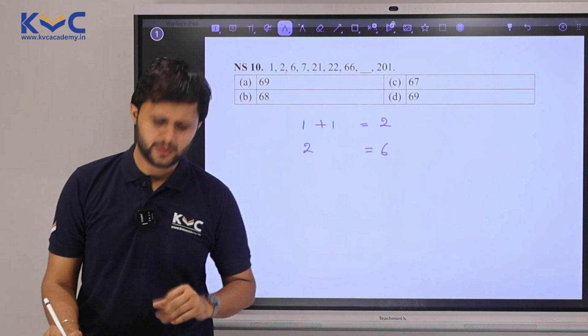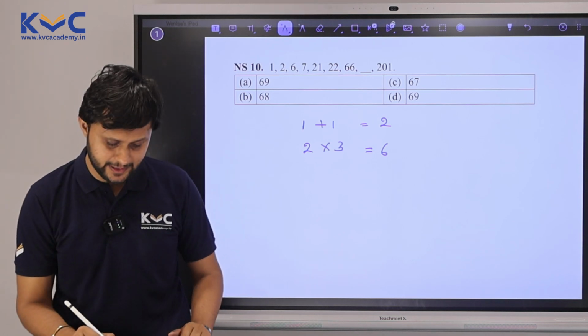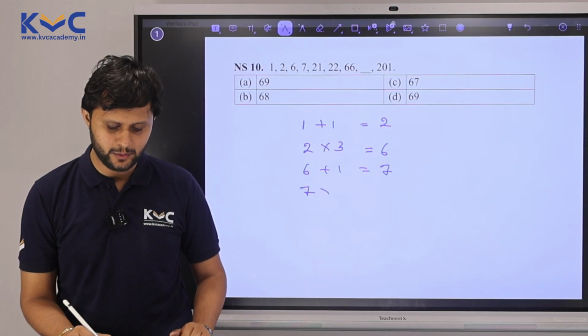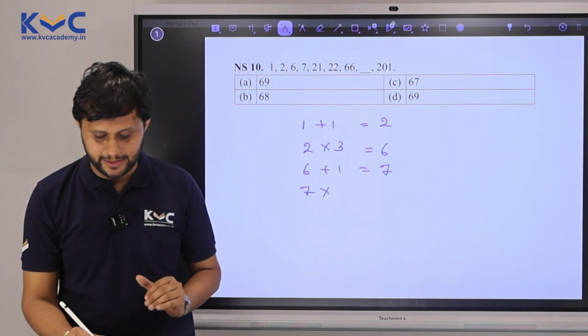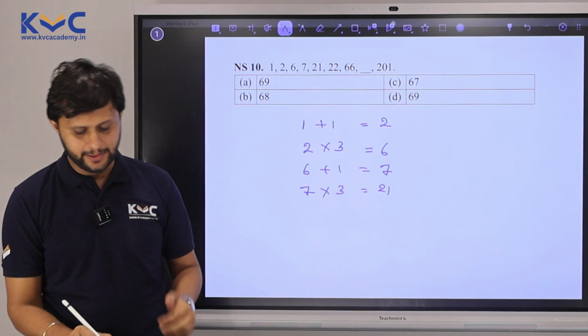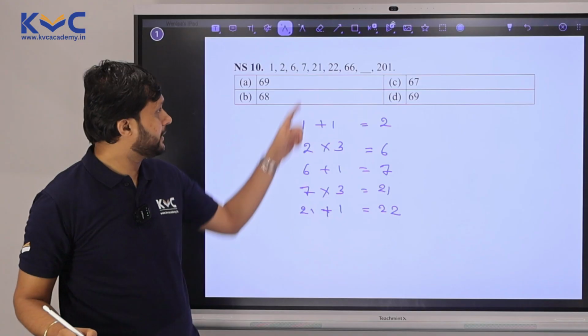Numbers are increasing, so I'll just write 2 into 3, which is equal to 6, and then I have a consecutive number, 6 plus 1 is equal to 7. So I have to take this 7, and now if I have to get the same logic, 7 should again be multiplied with 3. 7 into 3 is equal to 21, correct? So 21's next number, plus 1, is 22, which is there.